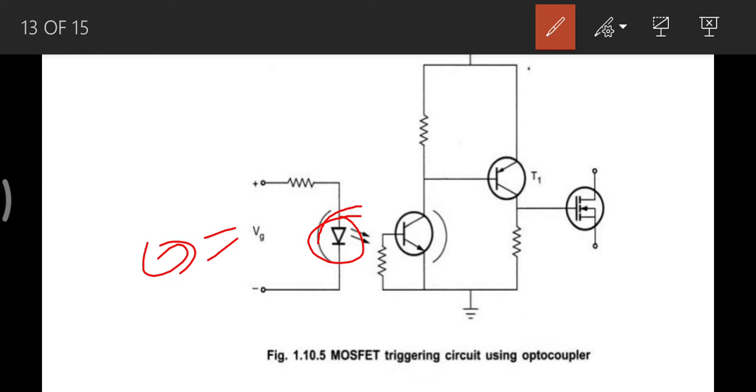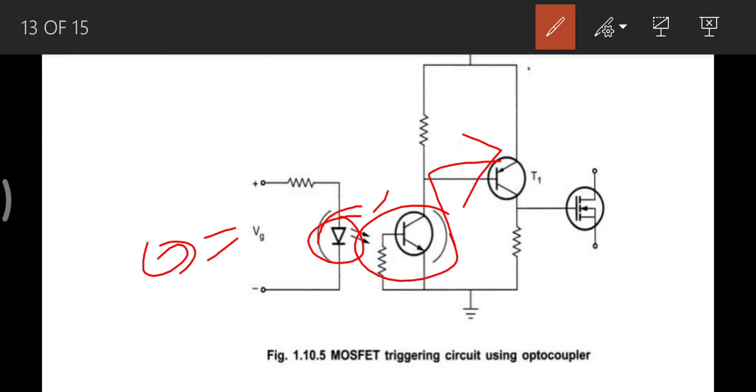When the LED is turned off, no signal flows through the photo transistor to the transistor T1. So this transistor T1 turns off. This means no gate current flows to the MOSFET, so indirectly the MOSFET is going to be turned off.